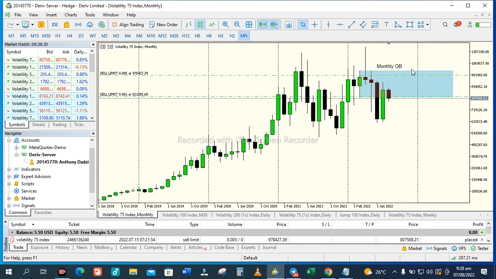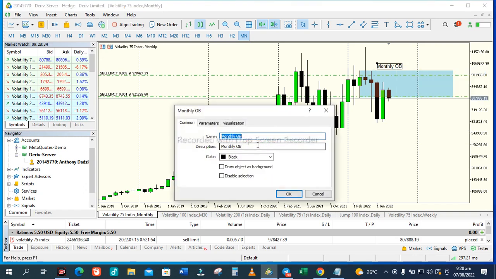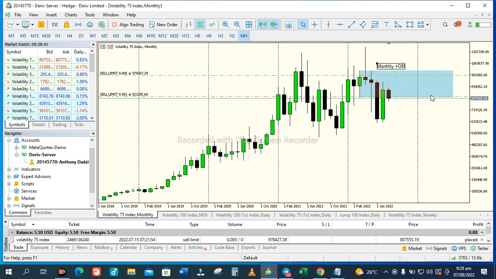So this here is a monthly OB, okay. Alright, so this is a monthly OB, and from the look of things you can clearly see that price has traded into the mean threshold of the OB.